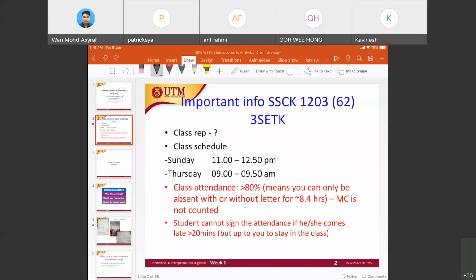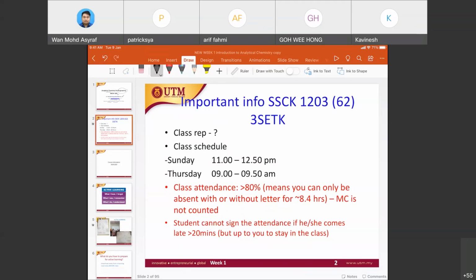Okay. So is it possible for all of you to just name someone to become the class representative? It is not much work. It's just that if I have something that I want to say, maybe I can straight away go to the class rep, or maybe I will put it also inside the WhatsApp group. I just want to have a name for the class representative.